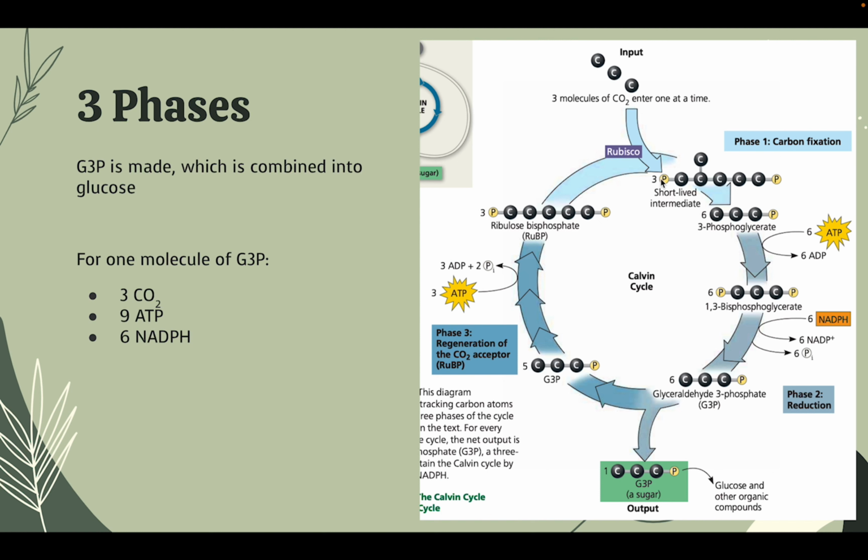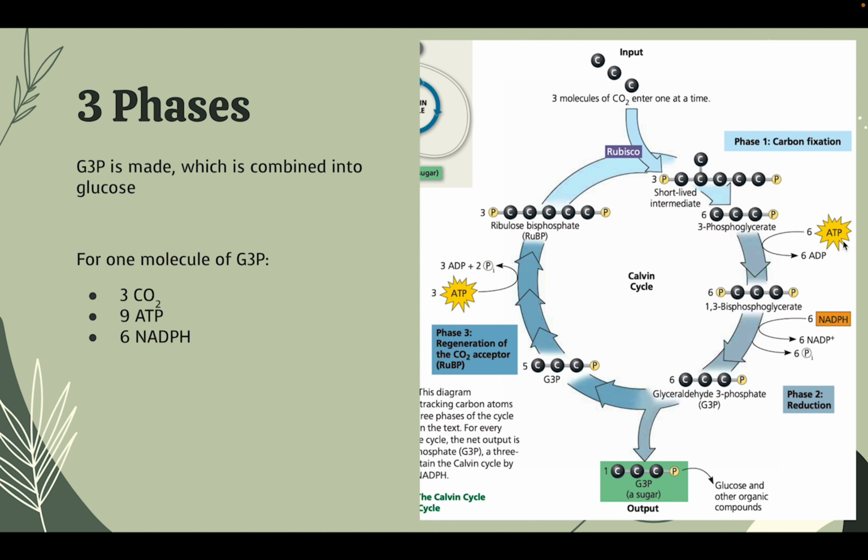And we get an intermediate that is 6 carbons, but it's very unstable, so it breaks into 3-carbon sugars called 3-phosphoglycerate.